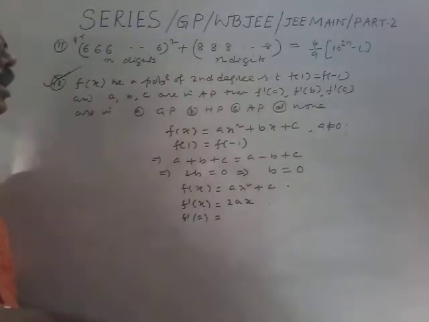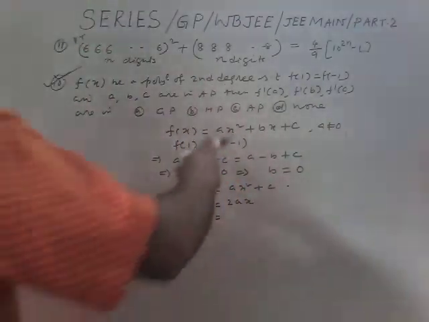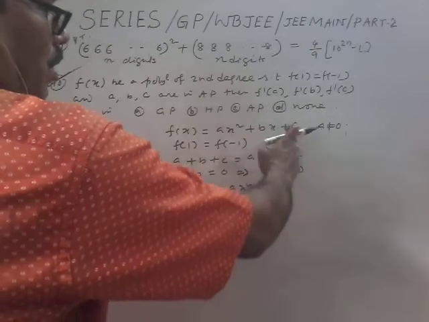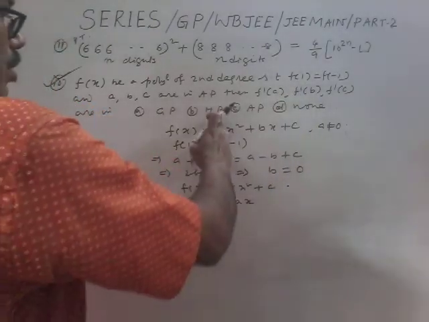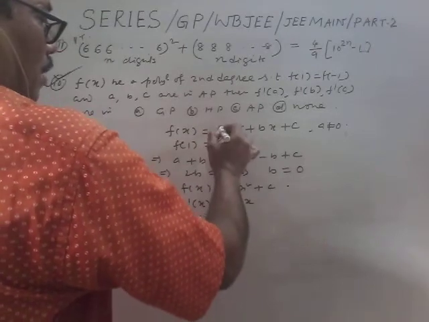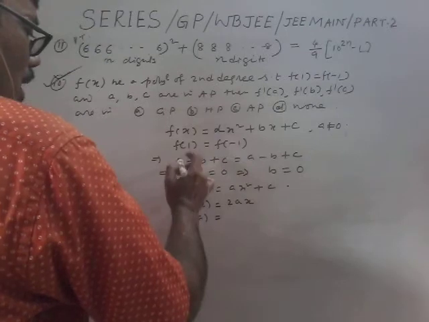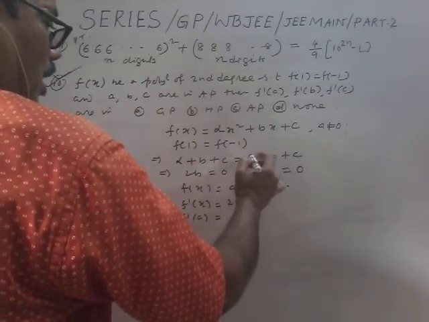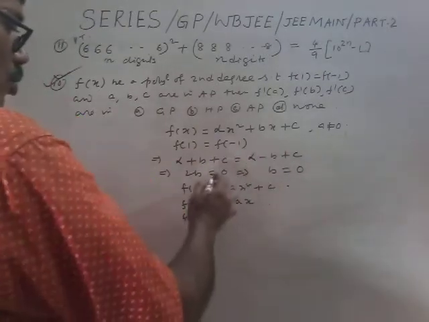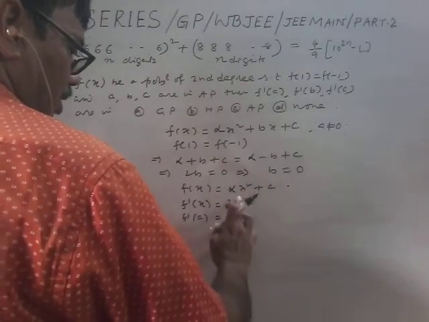So look, a, b, c are already given, so we cannot take f(x) equals ax square plus bx plus c with this a. So suppose this is alpha x square. So alpha, this is alpha, 2b equals 0. This is alpha x square plus c.